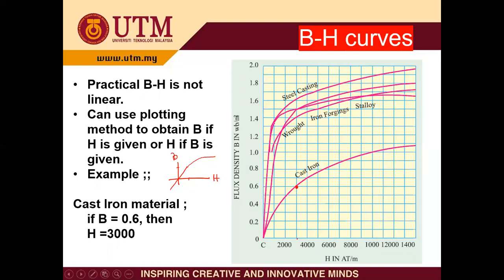From this, we can see that the best is steel casting, because we need a minimum magnetizing force to produce a higher flux density. So steel casting is the best, and the worst is cast iron.